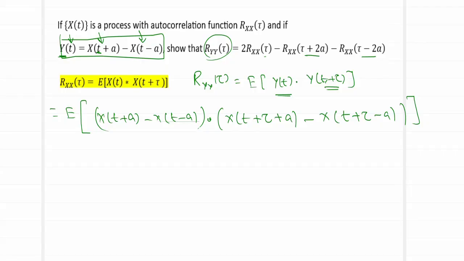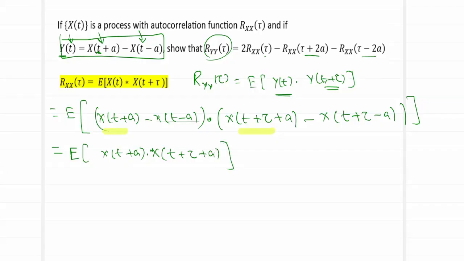Now I'll have to take the product of these two quantities which have two terms each. Therefore, when I expand it, there will be a total of 4 terms. We will go on with the first term with the first term: x of t plus a into x of t plus tau plus a. That is my first term.